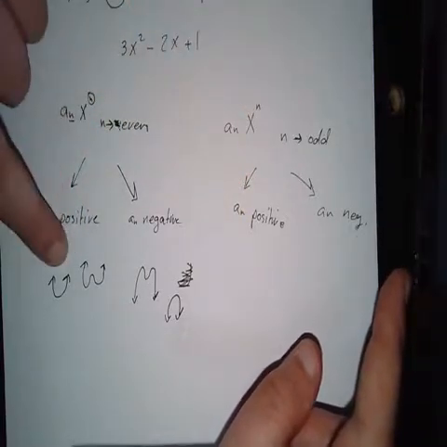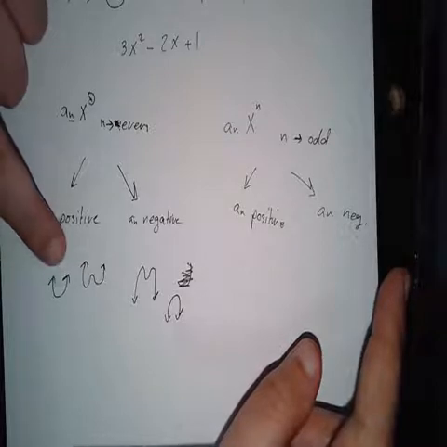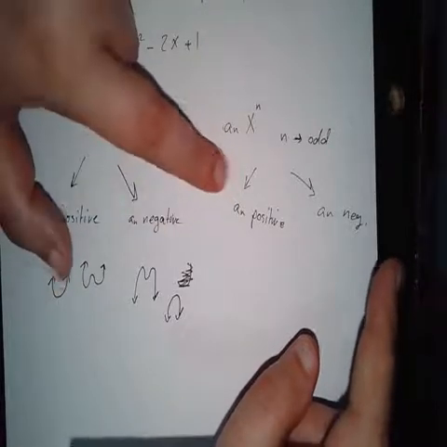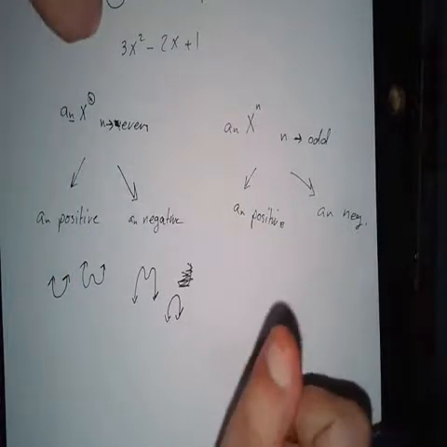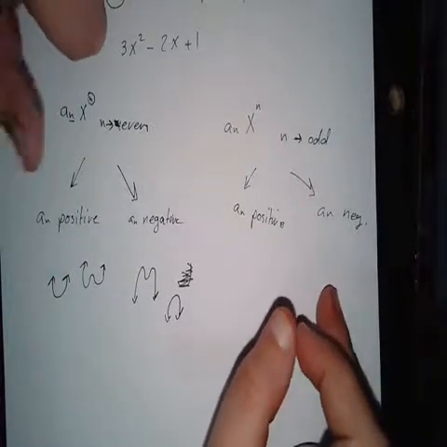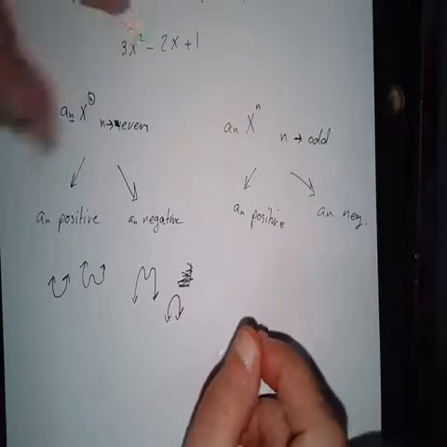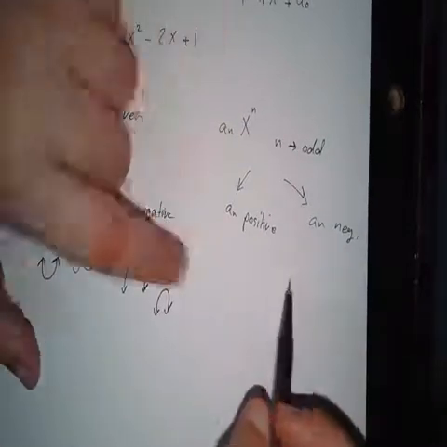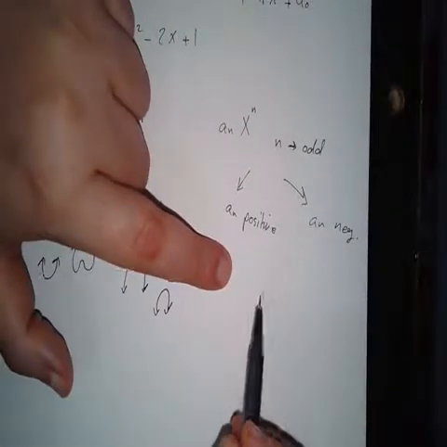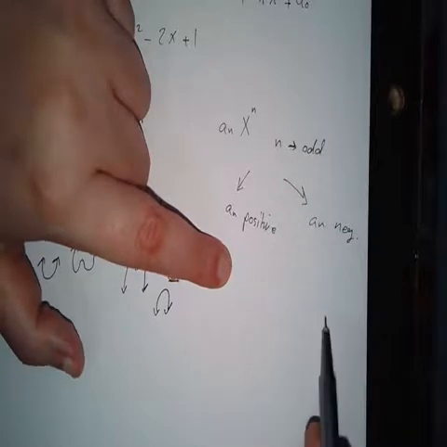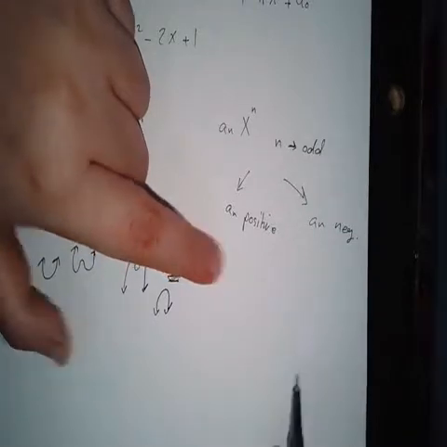For this one, let's call them matched ends, and for that one, mismatched ends, because for the even functions, both ends behave in the same way. They're either both up or both down. For the odd function, it's going to be one up, one down, and for the negative, it's the same way, just the opposite direction. So it's either right one up, left one down, or left one up, right one down.